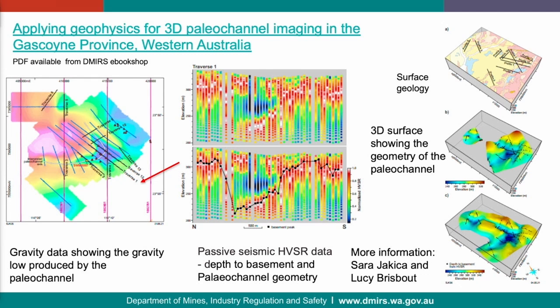See, this is the surface map. The place is really flat, and you would not see it. The particular company knew it was there, but they didn't know the geometry, and which way it was turning. So they were able to create this very cool 3D map of the paleochannel.